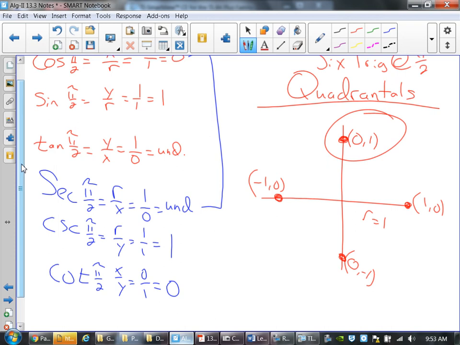Sorry, I did sine first. I start at 0 with sine, I go to 1, I go back to 0, I go to -1, and I come back to 0. Sine starts at 0, goes to 1, goes to 0, goes to -1, and back to 0. That's what I was getting at.